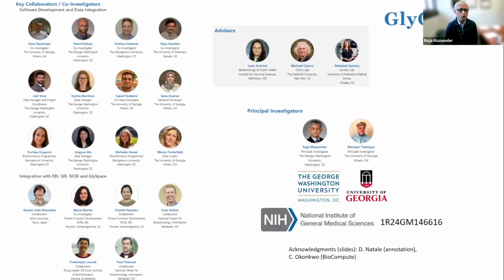The people who we work with. So we have several people in the group. Some of them work on GlyGen, and there are others who work on GlyGen and some other related projects. We also have international collaborators that was mentioned earlier from Japan, Kyoko, and then Maria from EBI and Preeti.